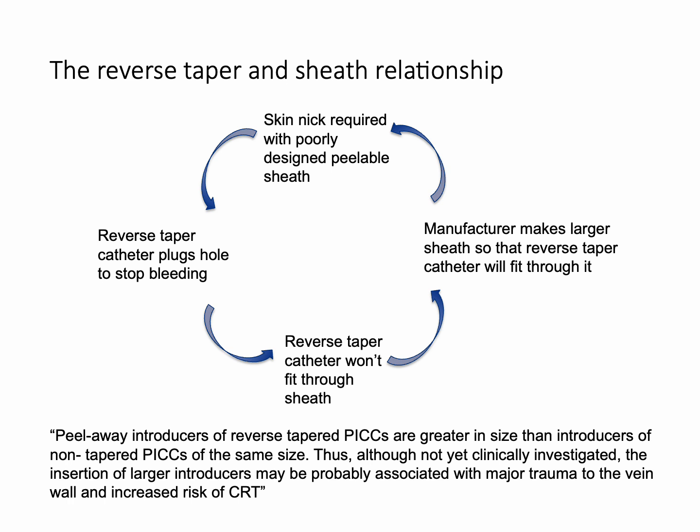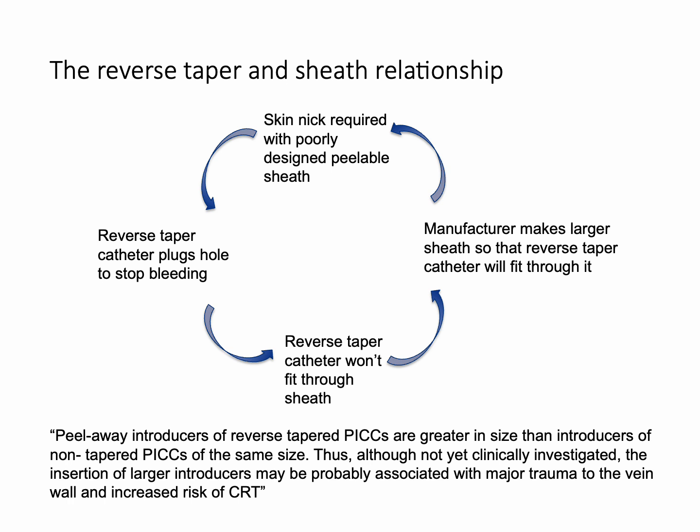However, the larger component of the reverse taper was inserted into the vein, and while it obstructed bleeding, it also obstructed flow around the catheter at the insertion site, therefore increasing the catheter to vessel ratio to a much larger ratio and preventing adequate blood flow around the catheter.